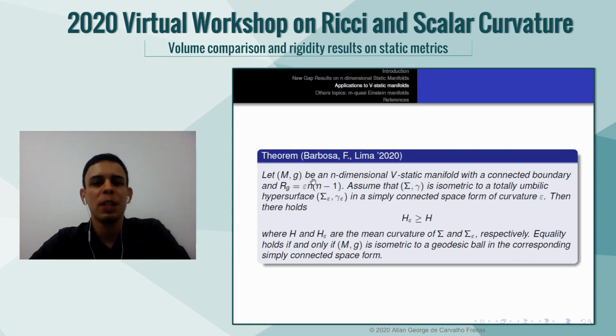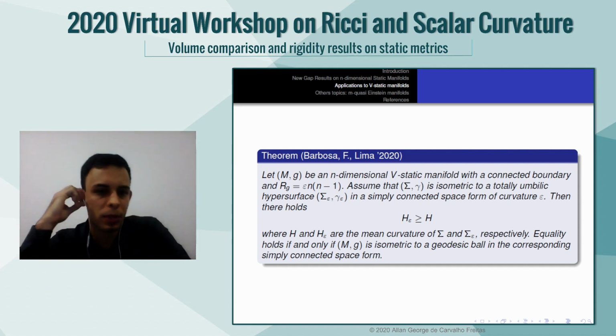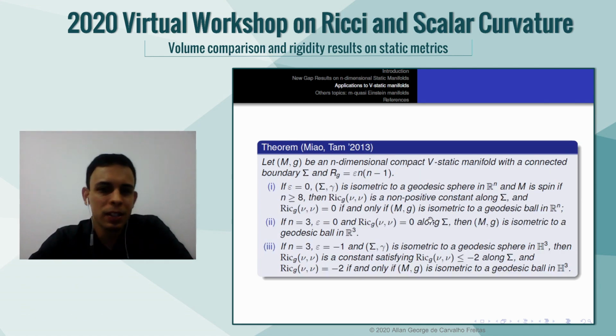So if you have a V-static manifold with connected boundary, okay, and if you assume that our boundary is isometric to a totally umbilical hypersurface, then we have this limitation for the mean curvature, okay. Also, equality holds if and only if we have a geodesic ball in the corresponding simply connected space form. We observe that this condition is exactly the same condition as in the normal direction, okay. It is the same comparison.